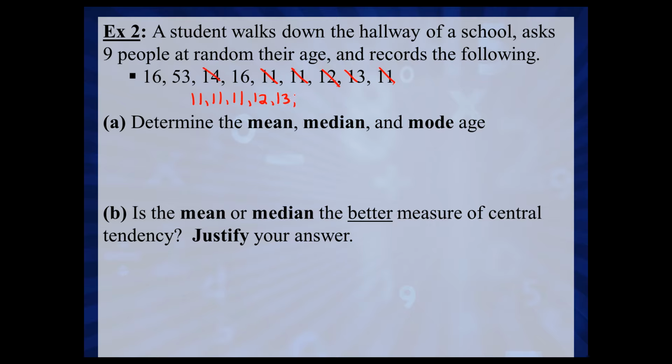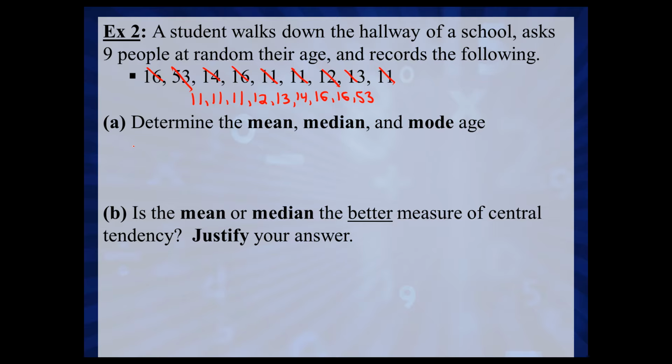Then we have 14 once. Then we have 16 twice. So 16, 16. And then we have 53. Odds are the 53 is the student ran into a teacher.